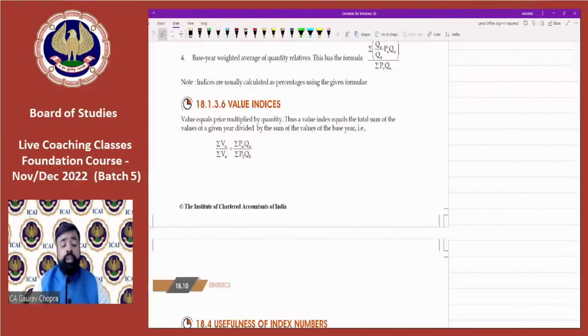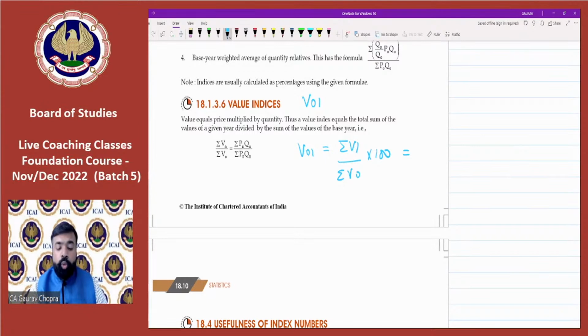Now, if we have to calculate the value index number, so value index can be denoted as V01. So the formula for V01 will be sigma V1 upon sigma V0 into 100. Now, how to find the value? Value is simply price multiplied by quantity.